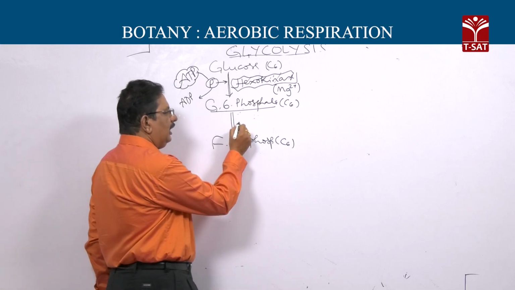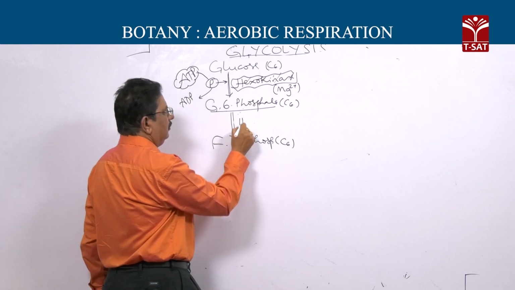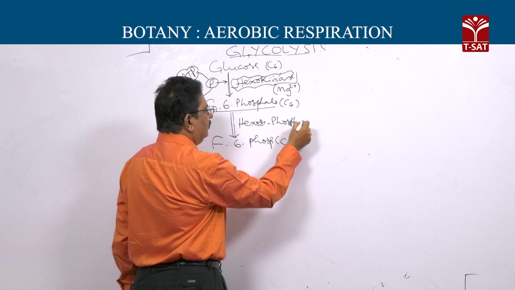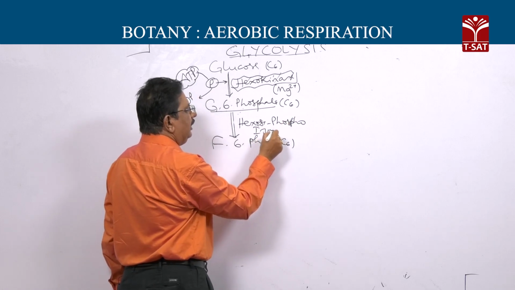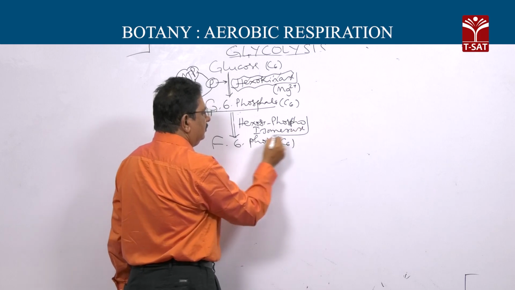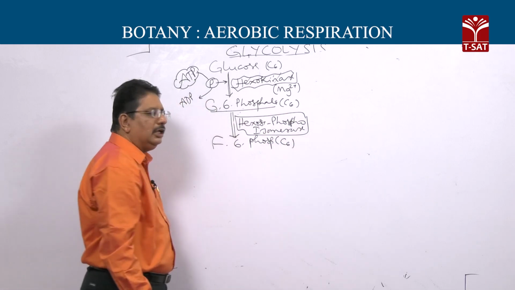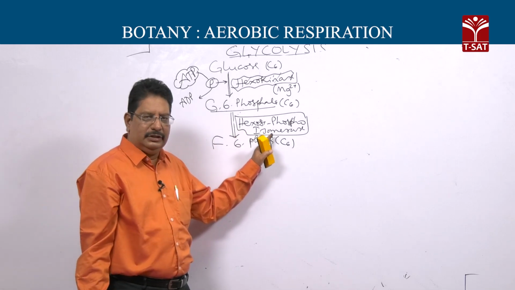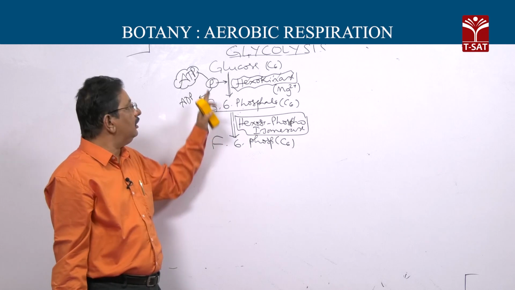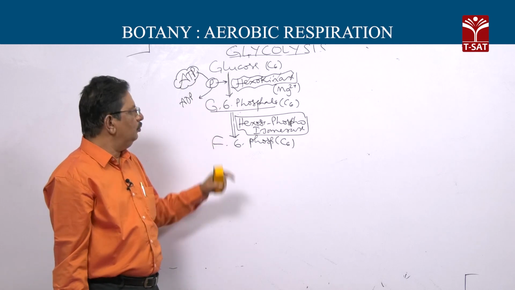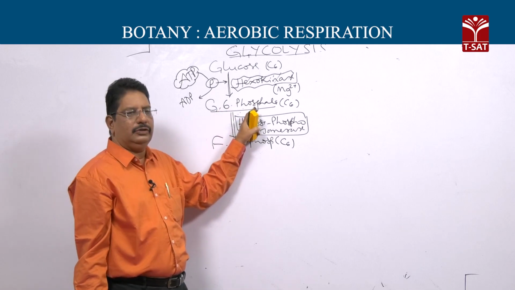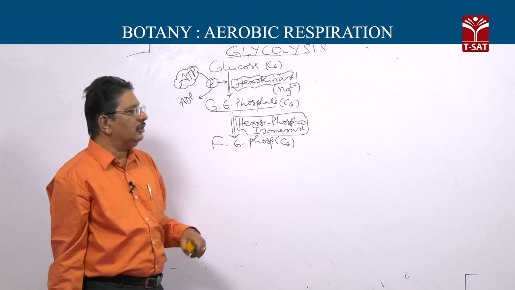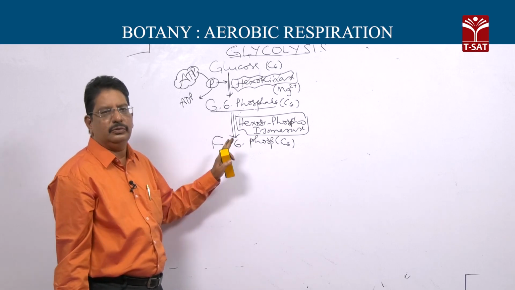That reaction is catalyzed by hexose phosphoisomerase. In the presence of this enzyme, the second reaction in glycolysis occurs, which reads: glucose 6-phosphate converts into fructose 6-phosphate through the mediation of hexose phosphoisomerase.